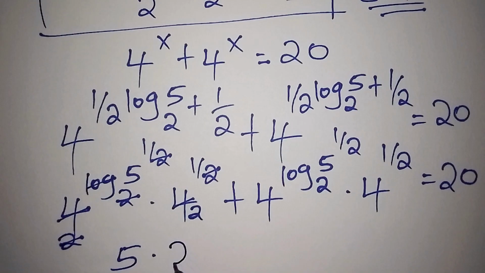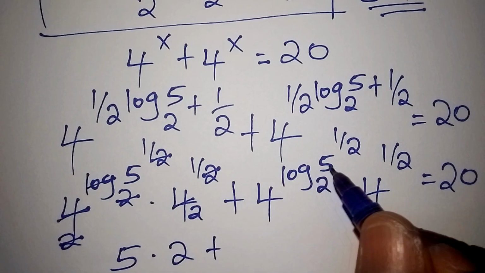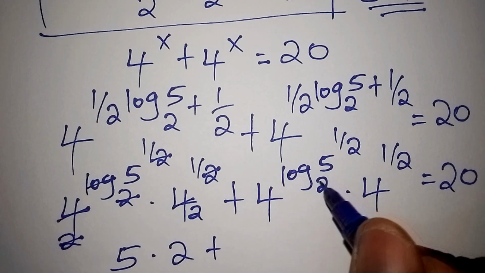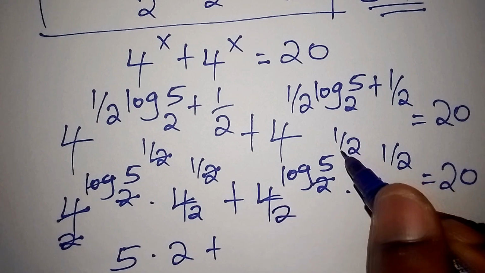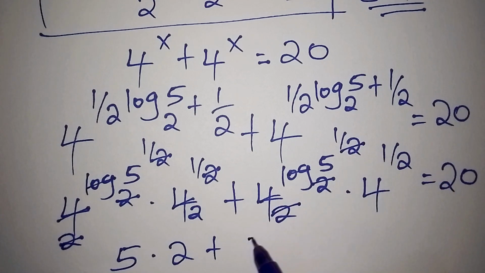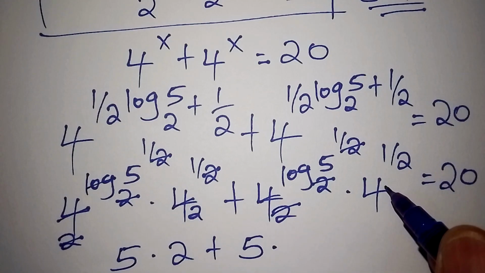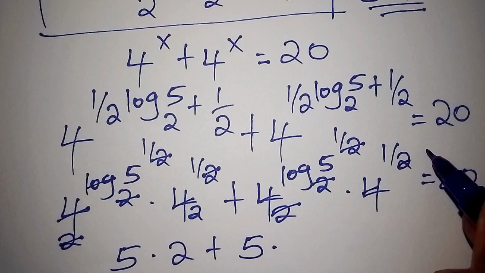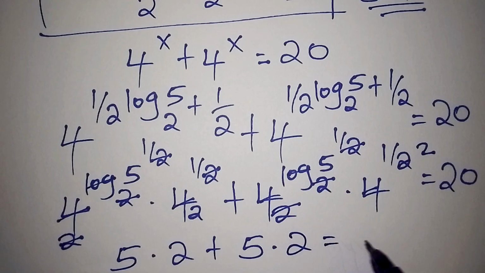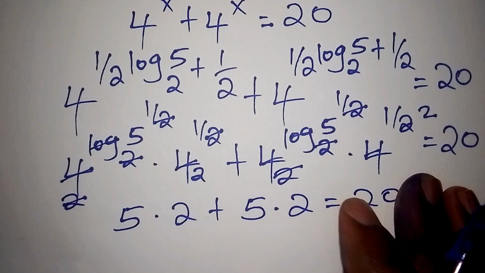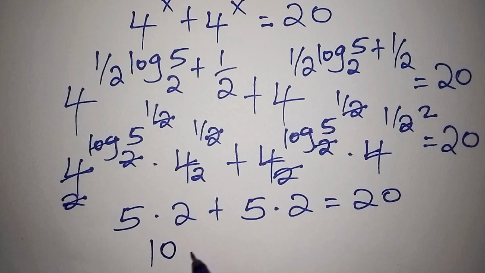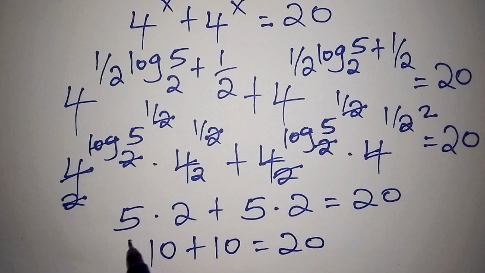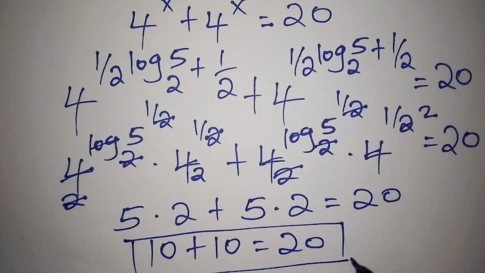So 5 multiplied by 2, plus, the log to the base of 2 shall cancel this 2, we remain with 5 multiplied by 2, is equal to 20. That is 5 multiplied by 2, that is 10, so 10 plus 5 multiplied by 2, which is 10, is equal to 20. Meaning that our answer is right.